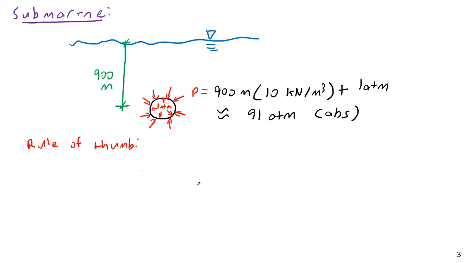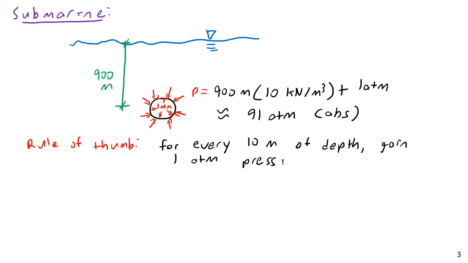For every 10 meters of depth, for water, of course, you gain approximately 1 atmosphere of pressure. Approximately, or about 100 kilopascals.